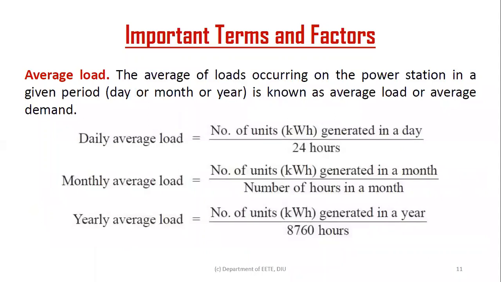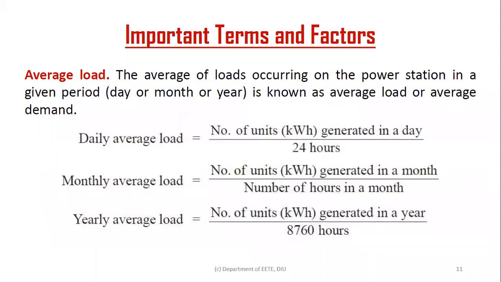Next, we discussed average load. We all know that the average is collecting all the values and dividing by the number of values. If you consider the daily average load, throughout the day you have generated an amount of electricity.